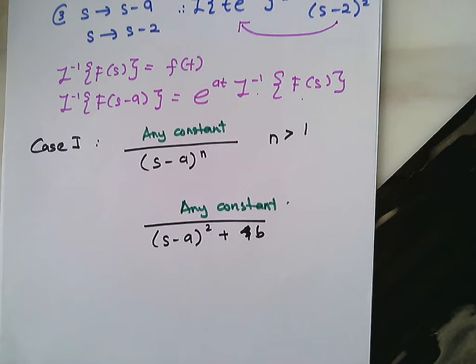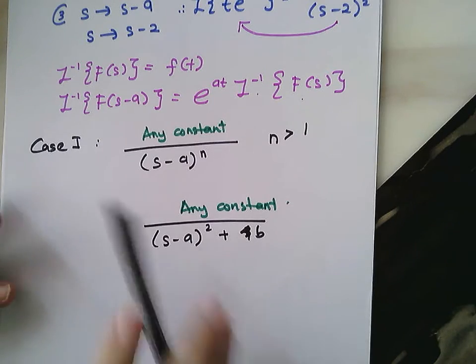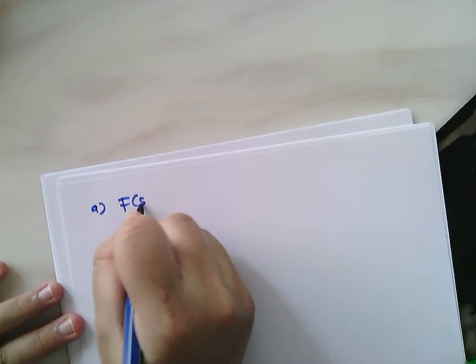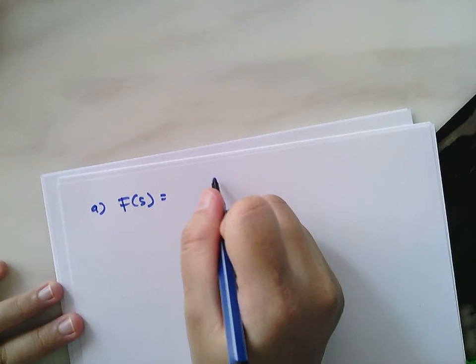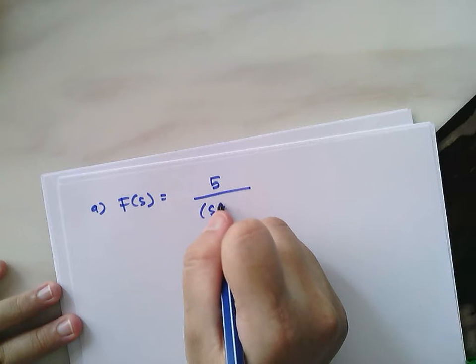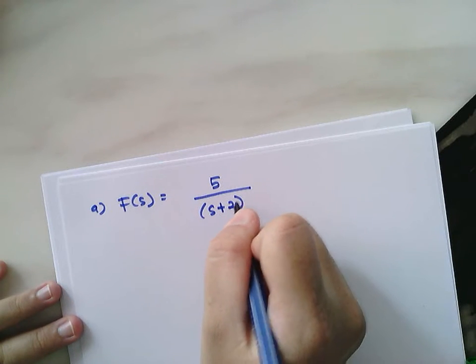Let's take a look at an example so that you can know what I mean. Let's say you have this function: F(s) is equal to 5 over (s plus 2) to the power of 3.